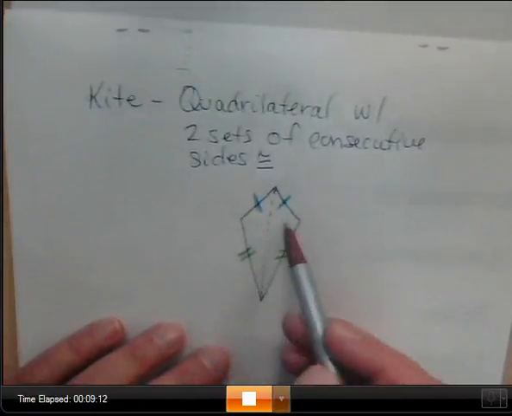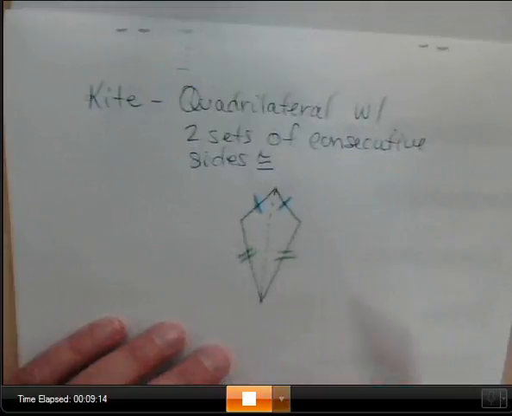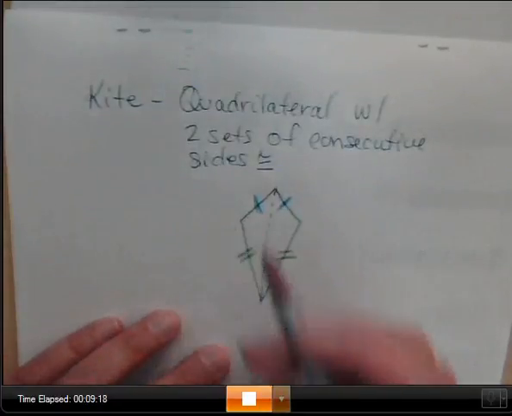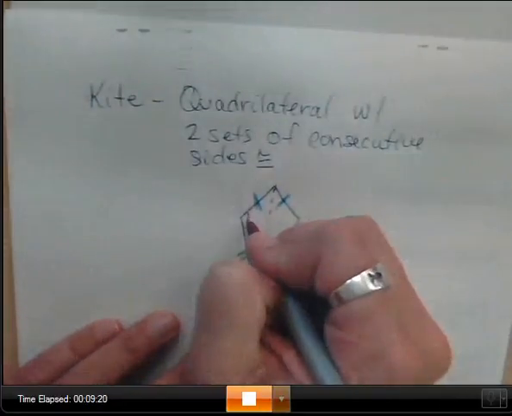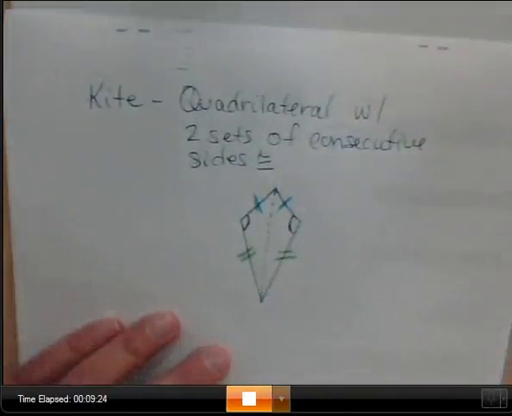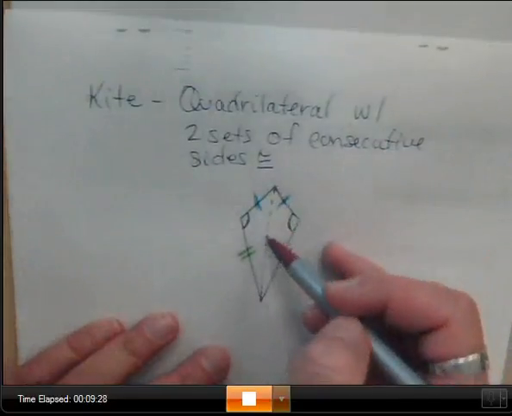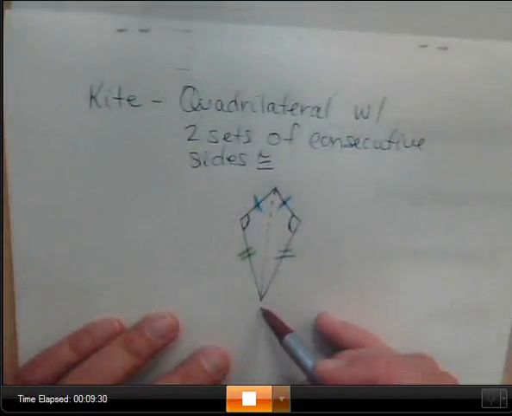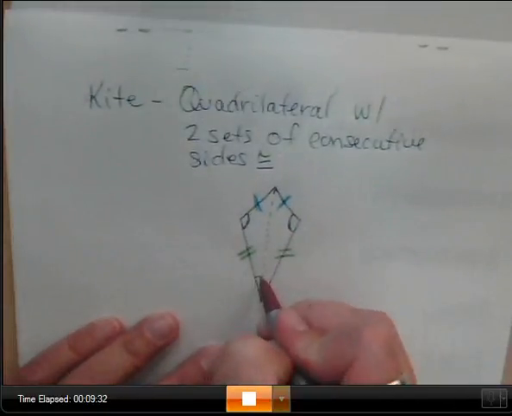So if those two triangles are congruent, the opposite angle, this angle, would be congruent to this angle. What do you notice about this long diagonal? It's going to bisect that angle.